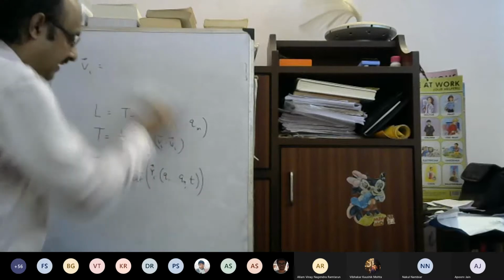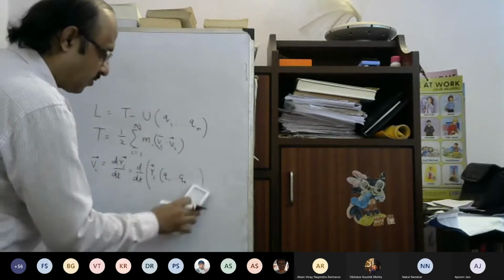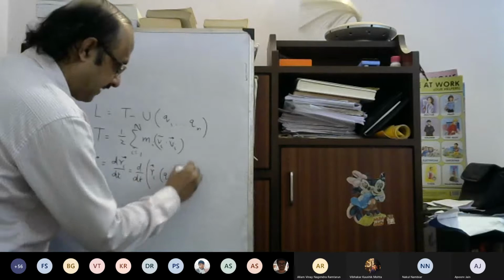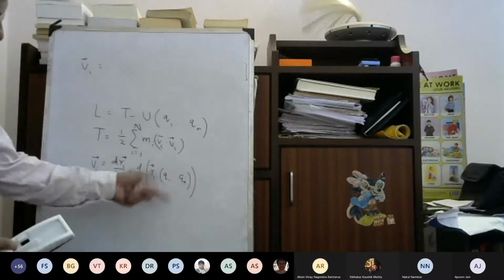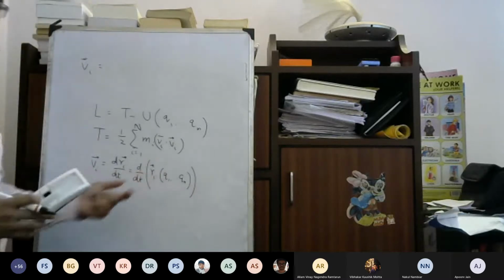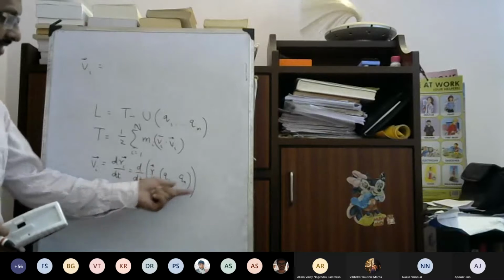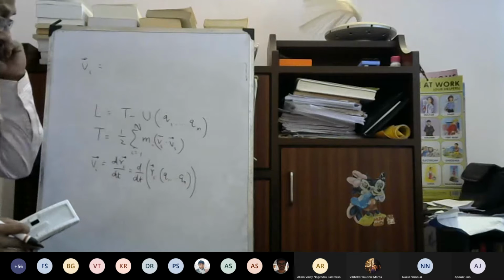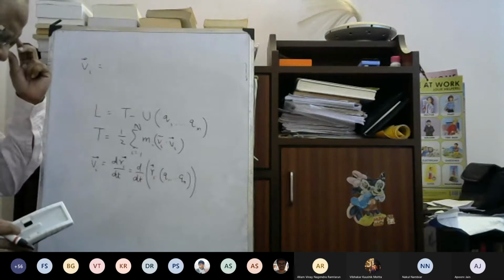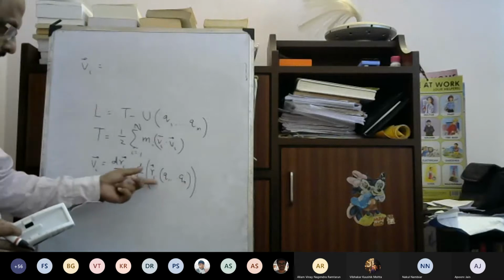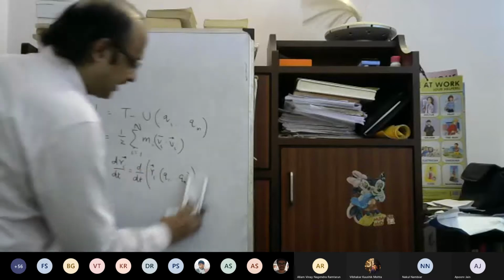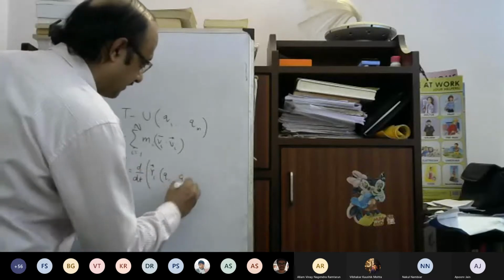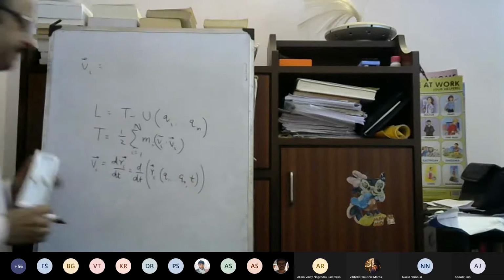But this we are not considering. I will consider only the case where there is no displacement excitation. That is, the R's are only functions of the generalized coordinates. Sometimes a constant may also be present, so let me include this one.